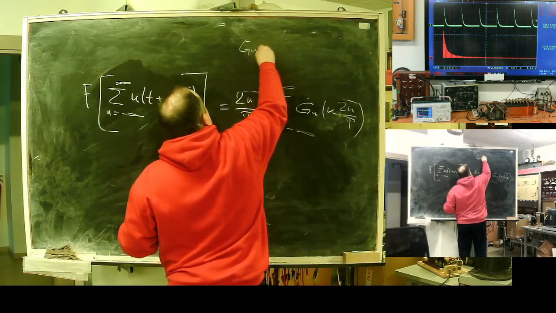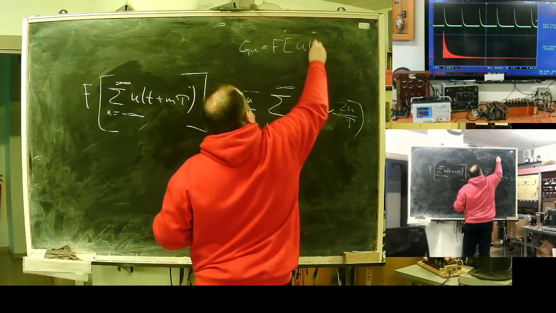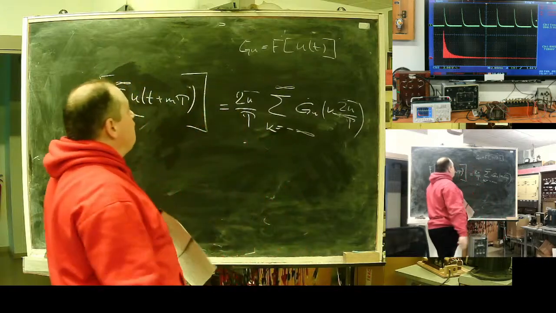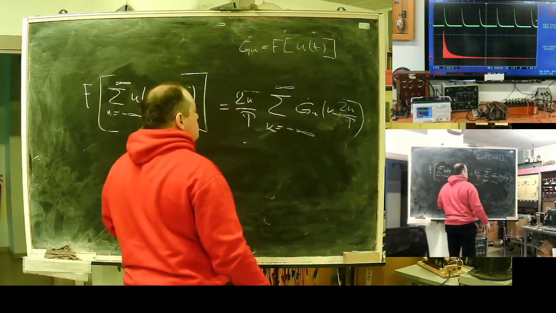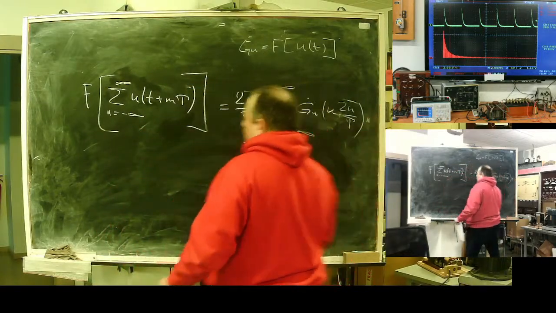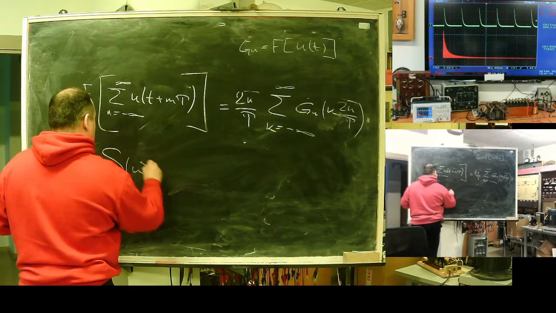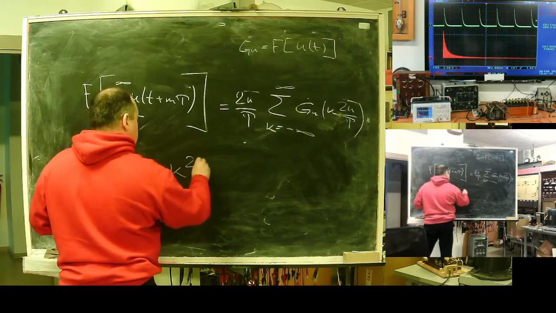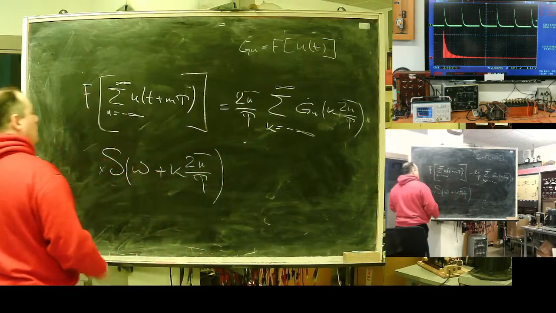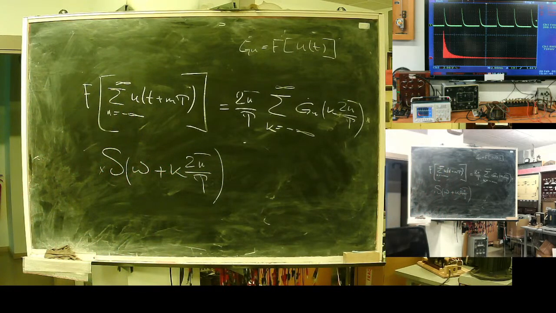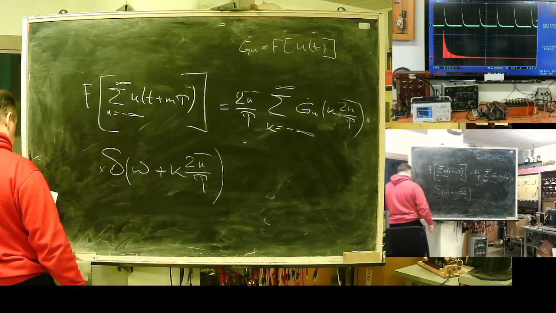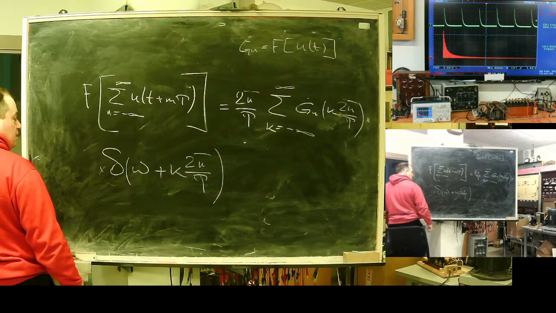That is the Fourier transform result: the spectral function of my original pulse multiplied by a delta function of omega plus k 2π over T. A sequence of pulses results in the spectral function of one pulse, but with discrete components at frequencies k 2π divided by T. It's a kind of frequency comb.